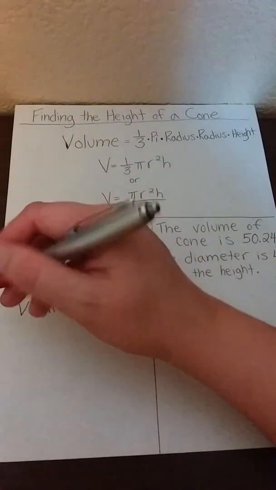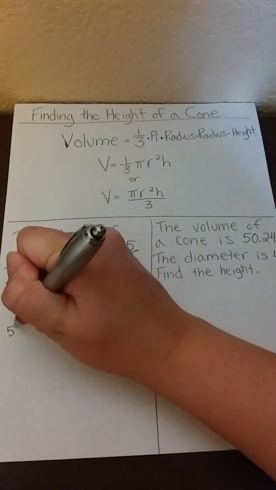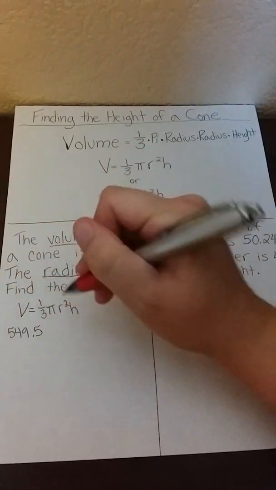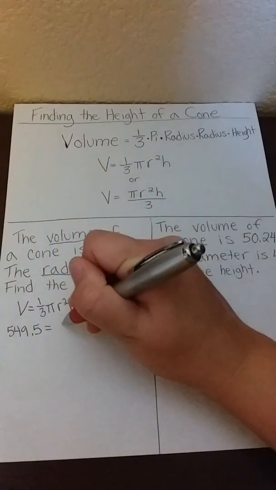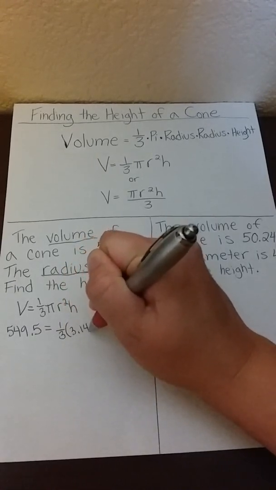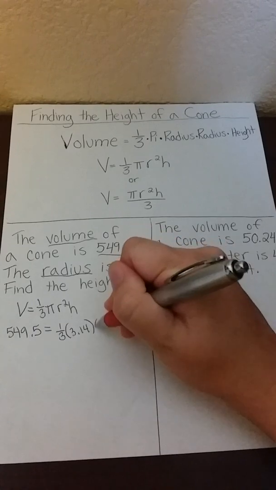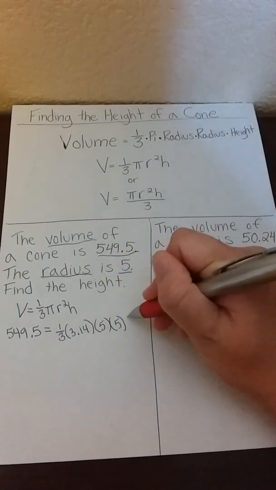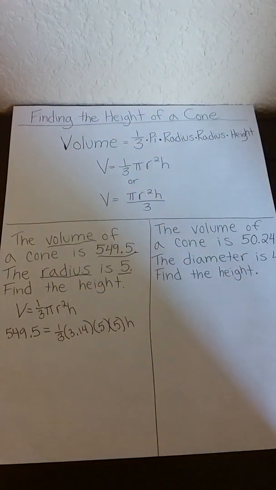So for volume, I'm going to put 549.5 equals 1/3. For pi, I'm going to put in 3.14. Radius is 5, so 5 times 5 because it's radius squared, and I'm going to leave that height.